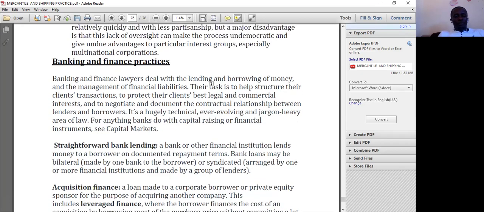Banking and finance practices. Banking and finance lawyers deal with the lending and borrowing of money and the management of financial liabilities. Their task is to help structure their clients' transactions to protect their clients' best legal and commercial interest, and negotiate and document the transactional relationship between the lender and the borrower.